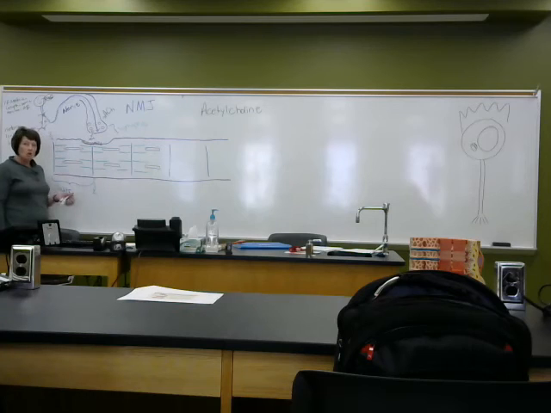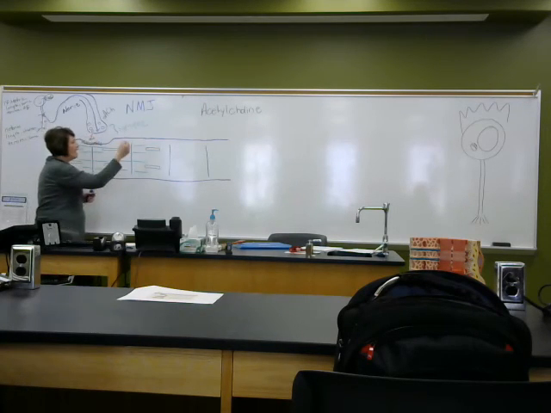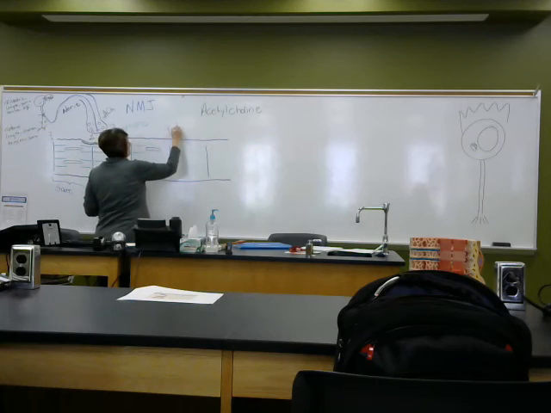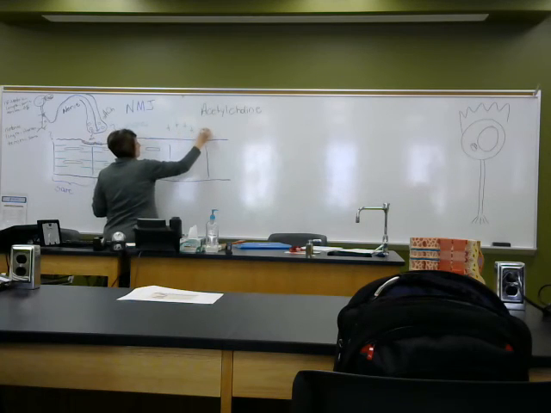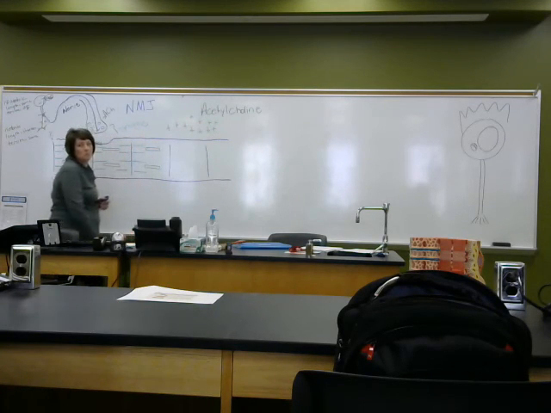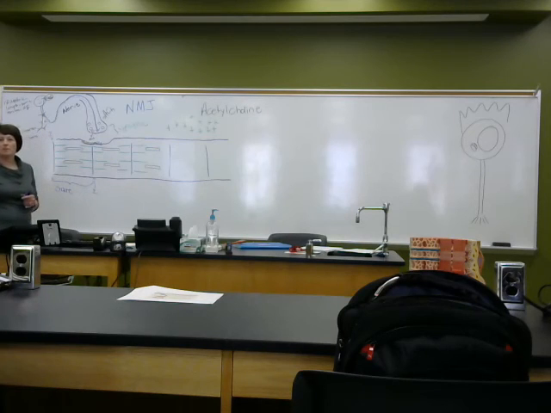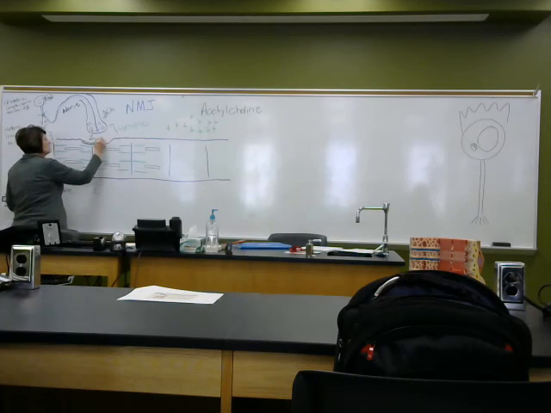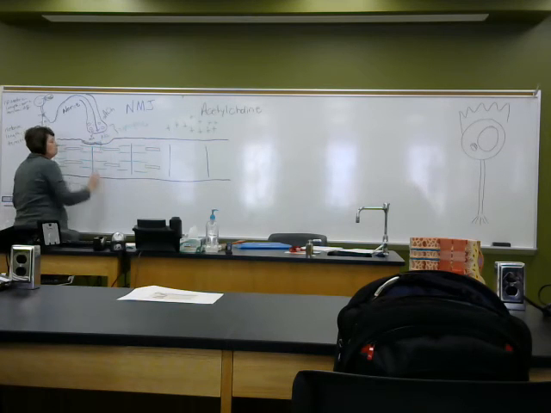If the gate opens, what rushes in? Not sodium out, because on the outside of a plasma membrane, sodium is always in high amounts. So now, sodiums get to rush in.